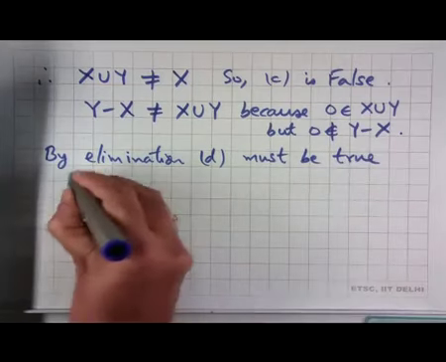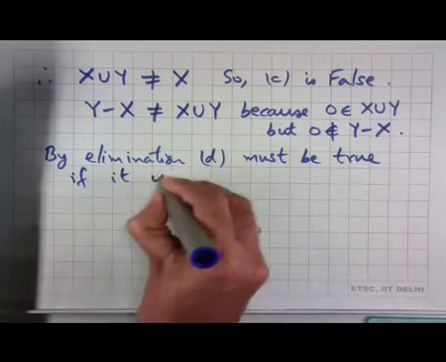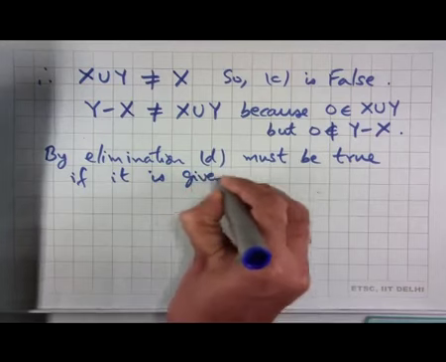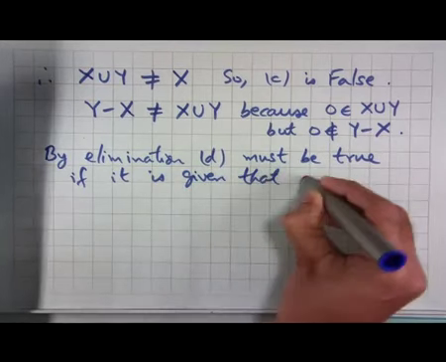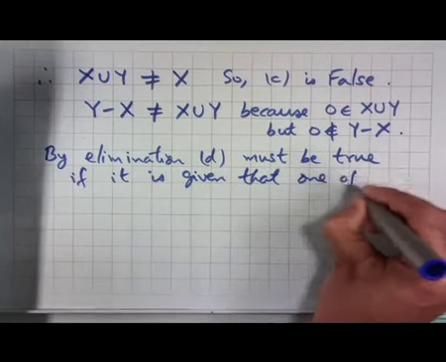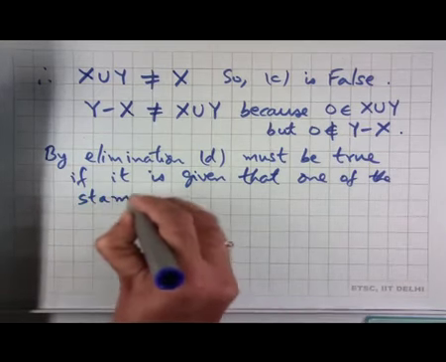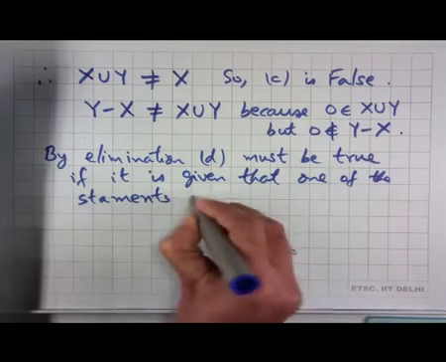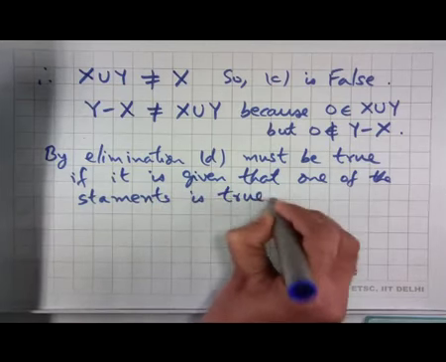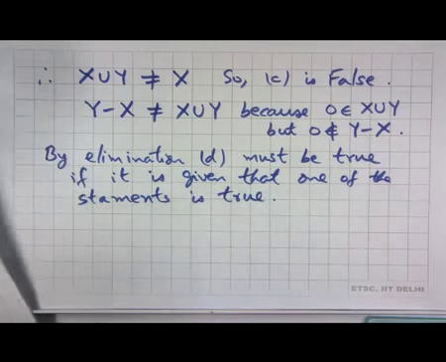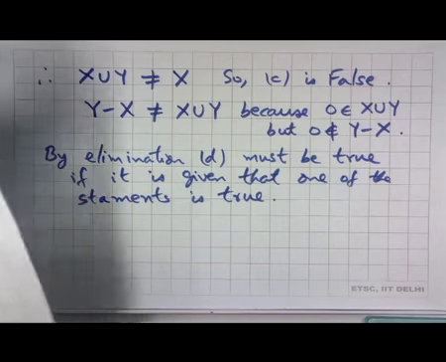D must be true if it is given that one of the statements is true. But let us try to prove this.